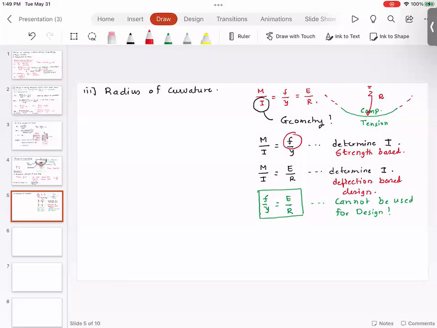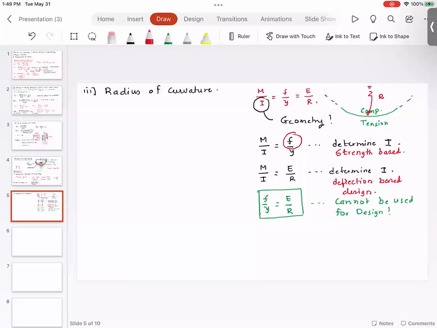Because you don't want to get into a situation where the design does not fail, but the component deflects so much that it's no longer able to perform the intended function. Imagine you have a car and you sit in the car and the whole car deflects. Car can run, but car has deflected.